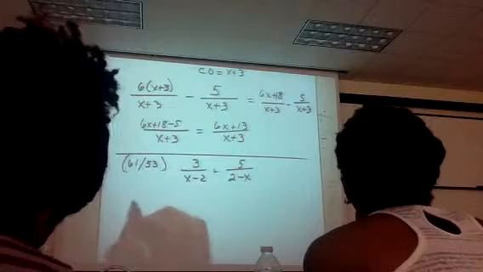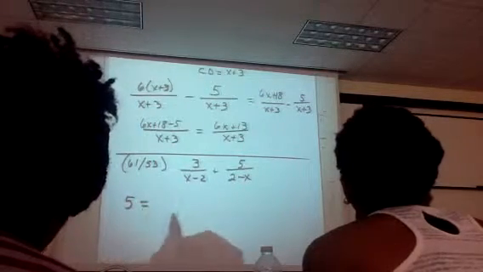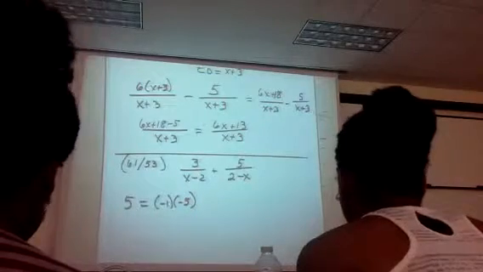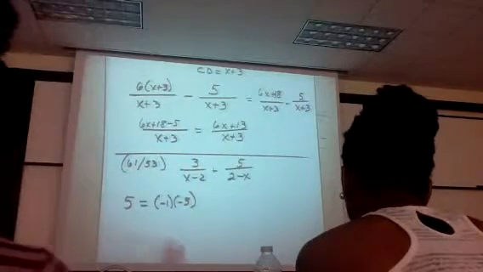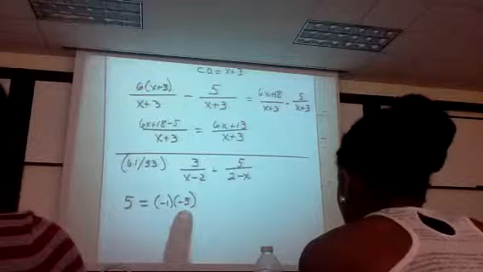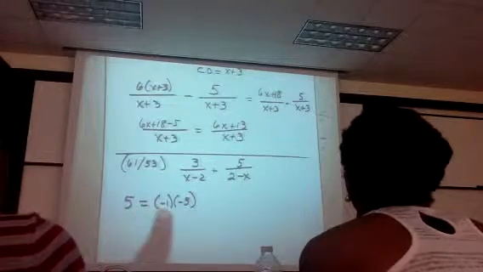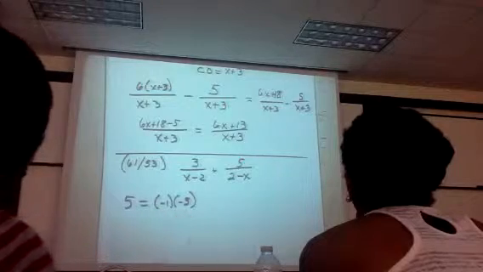A number is the same as -1 times its opposite. Is that true? Is 5 equal to -1 times -5? Yeah. A number is the same as -1 times its opposite.